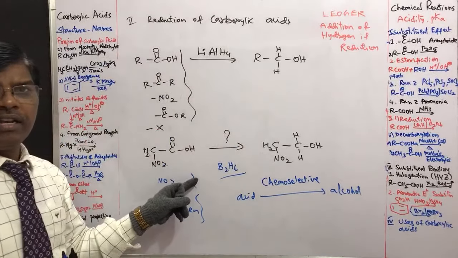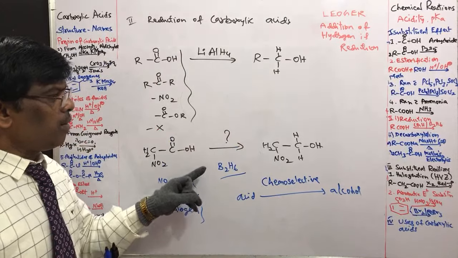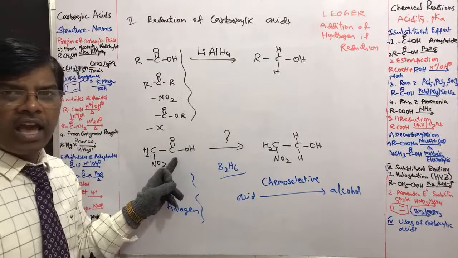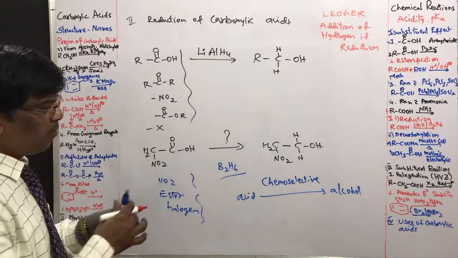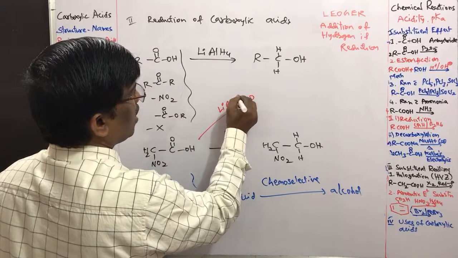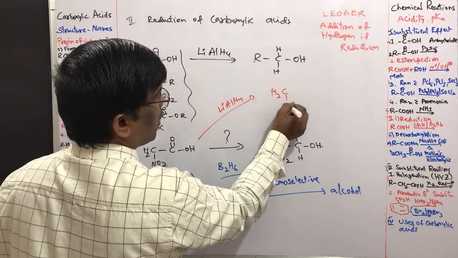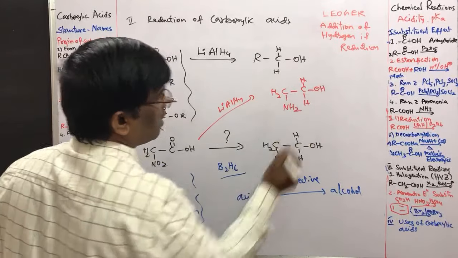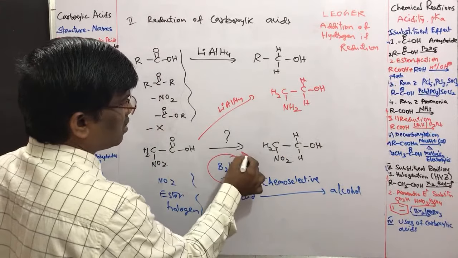This diborane, however, is costly and very tough to handle in synthetic chemistry. But if you are in need of these specific compounds, where reduction of only the acid is required, you have to use diborane. If I use lithium aluminum hydride, what is going to happen? Any guess? This compound is going to become an amino alcohol. But I am in need of the nitro. So here diborane comes.